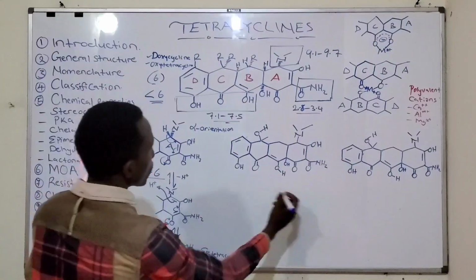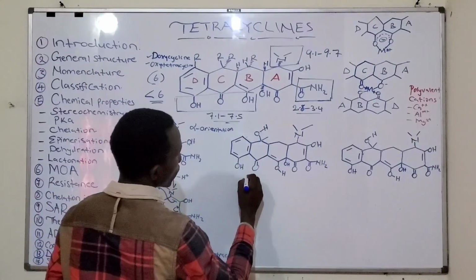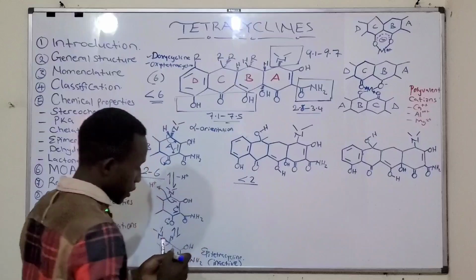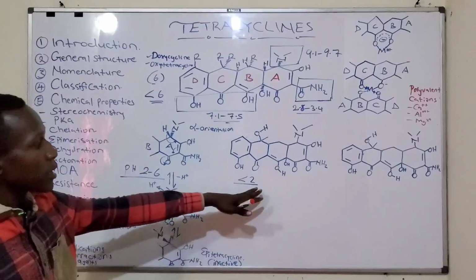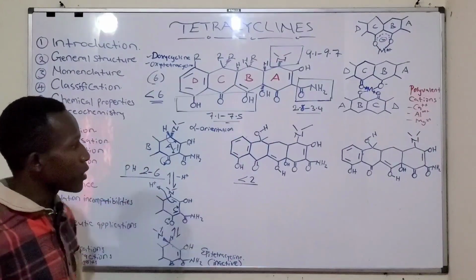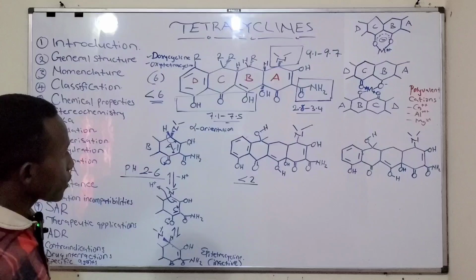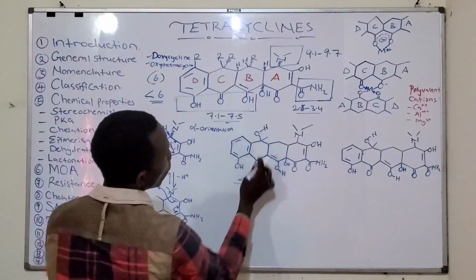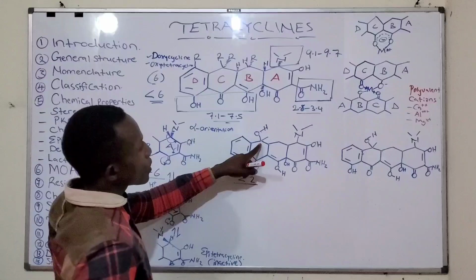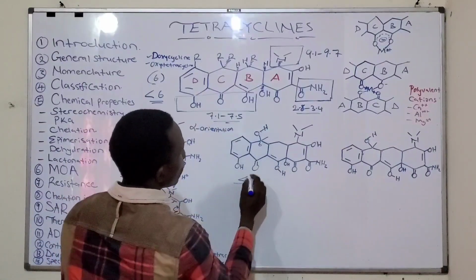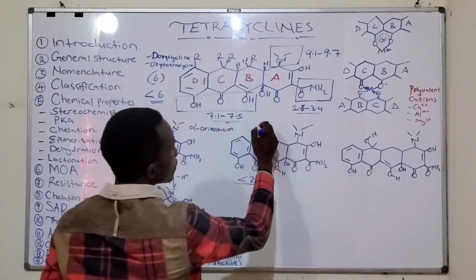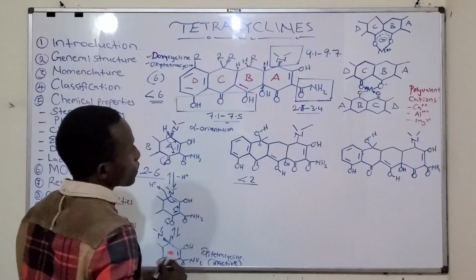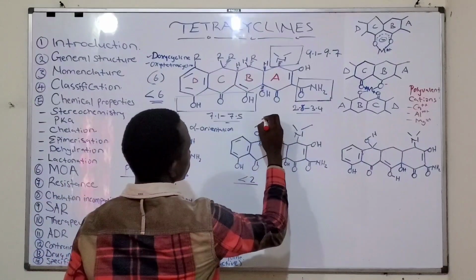Now, for dehydration, at a pH of less than 2, the acidic pH in the stomach, tetracyclines are inactivated, so they are acid labile. If they are taken orally, especially those tetracyclines with the OH group at position 6, this is position 6, and you have a methyl group, meaning that this is a tertiary alcohol.